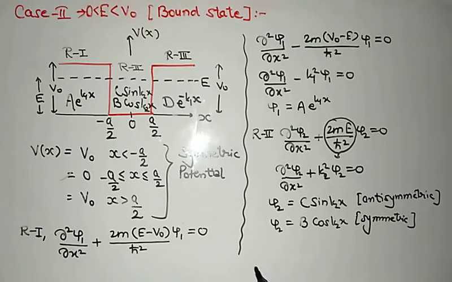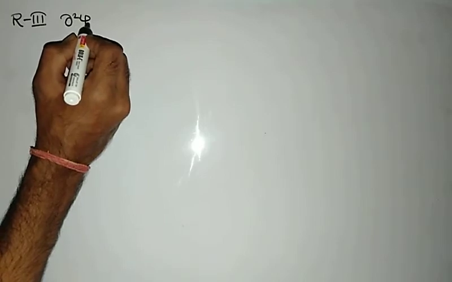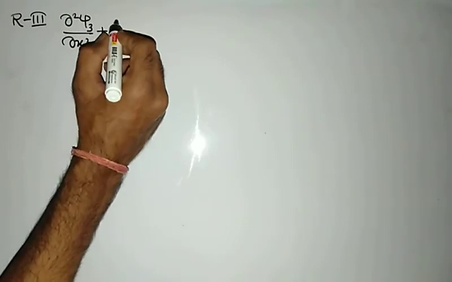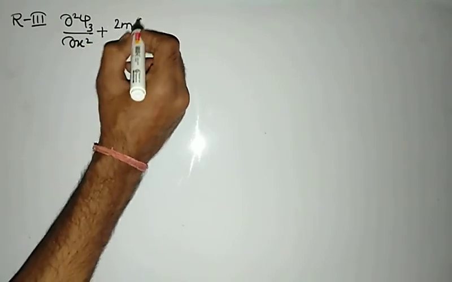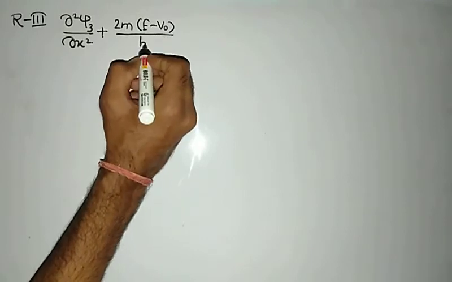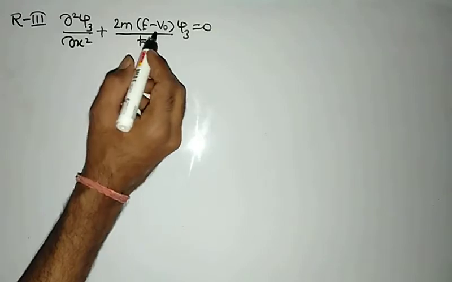Now writing for region third. For region third, del square psi 3 upon del x square plus 2m (E minus V naught) upon h cut square psi 3 is equal to 0.